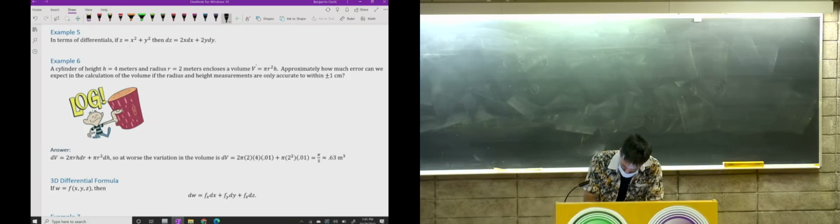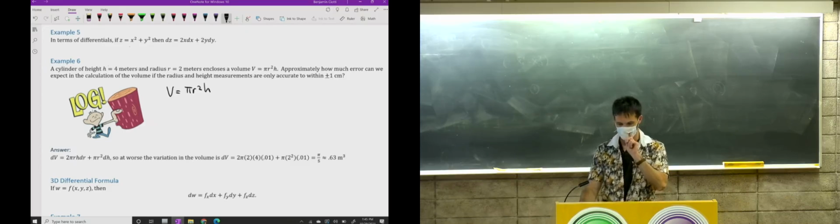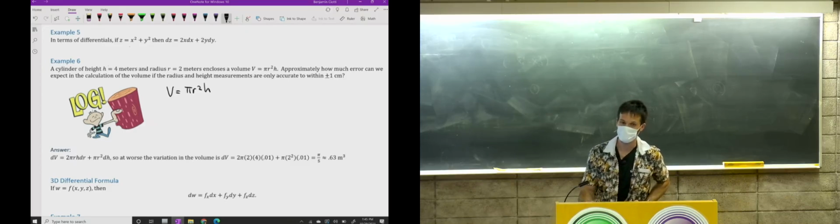The volume of a cylinder of height h and radius r is pi r squared h. V is pi r squared h. You can view this as a function of two variables, r and h.